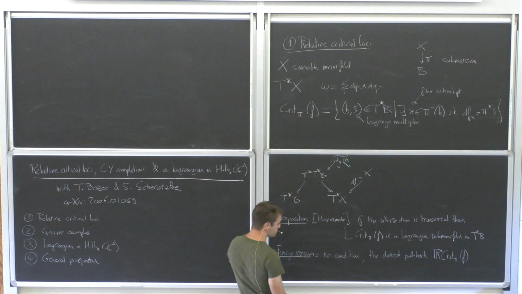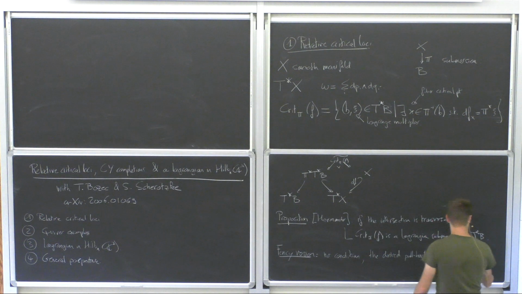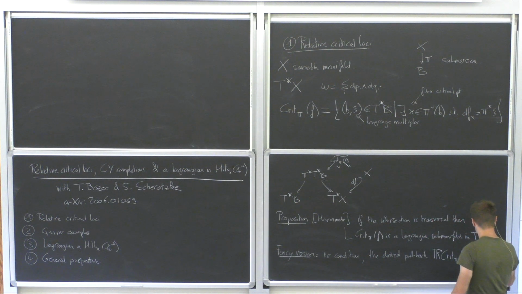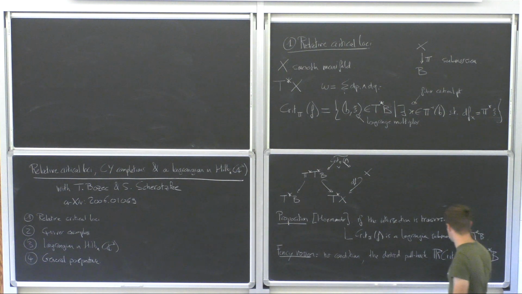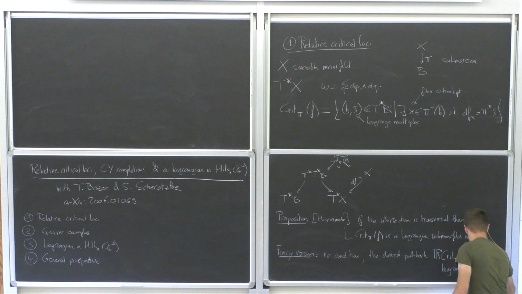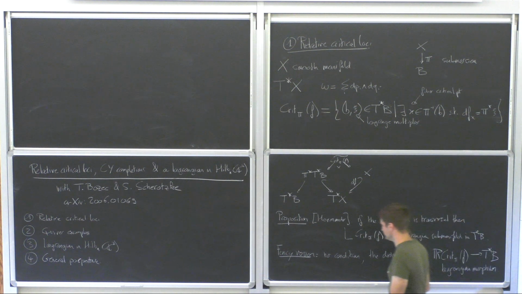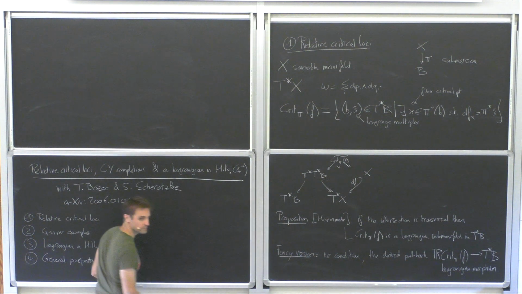If you compute that fancy object, then it has a map to T star B, and this map is a Lagrangian morphism in the sense of derived symplectic geometry. But I won't be using that. I just mentioned it for the record.